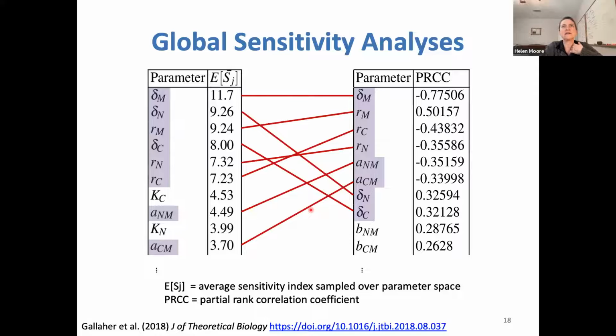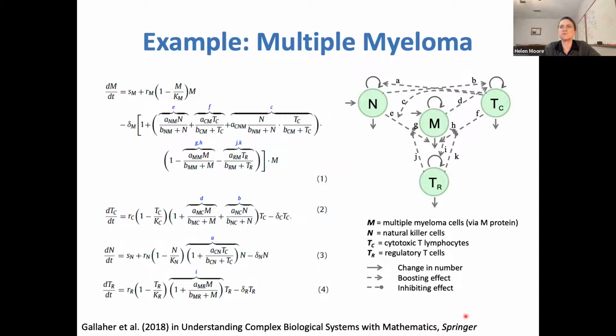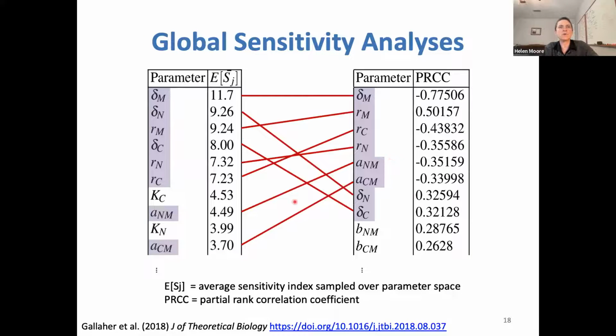The model development is in one of the papers, including dynamical systems analysis and equilibrium and stability. In this paper, we did the sensitivity analysis using two different methods: the sensitivity index on the left and the partial rank correlation coefficient on the right. We've rank ordered them according to their level of influence.